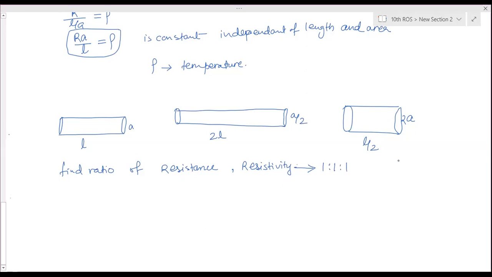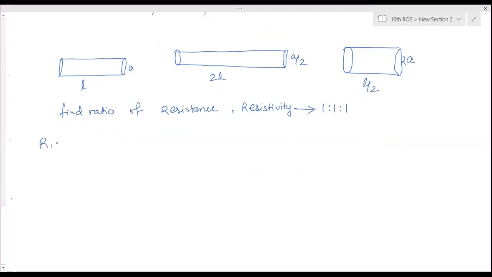How to find out the resistance ratio? What is the resistance of the first? They are all made up of the same material.